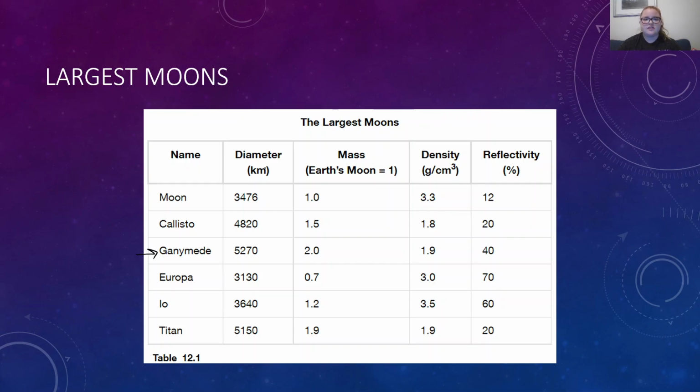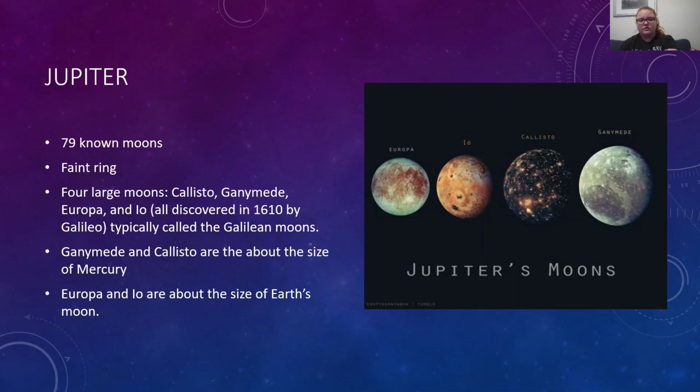Okay, so that is just the diameter. We can also look at the different masses of these moons, and we are comparing them in this case to Earth's moon. If we say that the moon is 1.0, then Ganymede, for example, would be 2 times the Earth's moon mass. This is just to give you an idea of what moons we will be looking at, as well as how large they are.